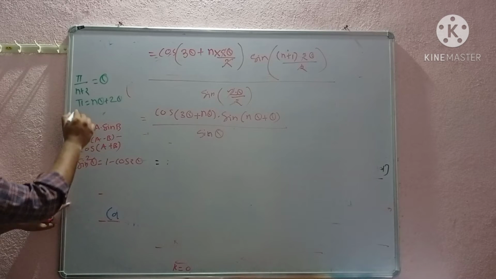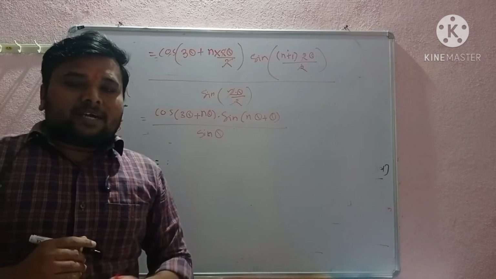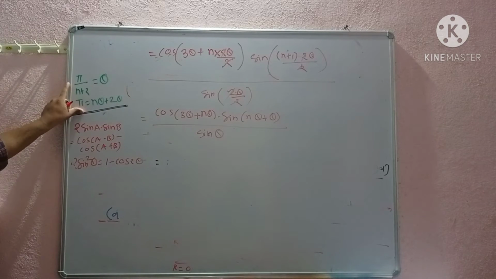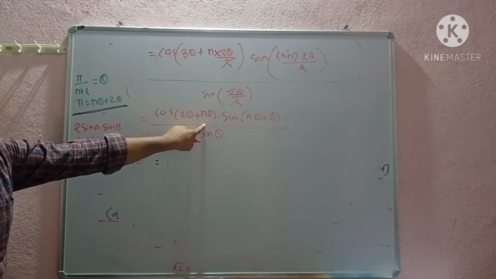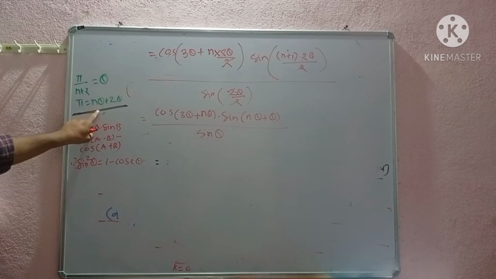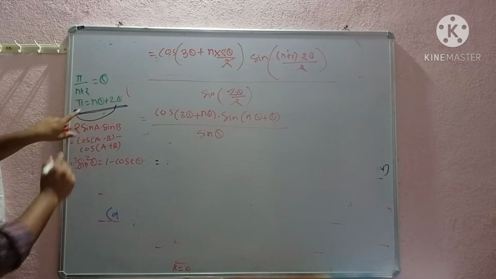Here we have the value of pi equal to n theta plus 2 theta. I have already told you why I started with this example: this term is very useful in solving the next example, which is why I have written it here. So what is the value of n theta? n theta is equal to pi minus 2 theta, because this 2 theta will transfer over here.